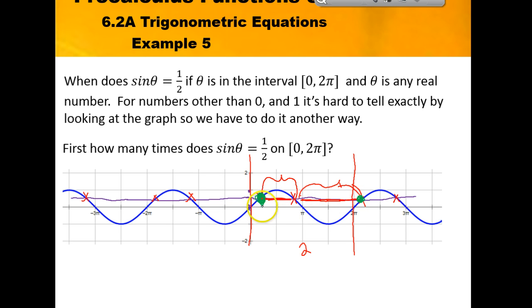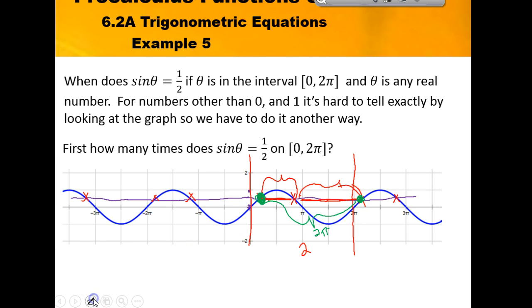Okay, so this green distance is actually going to end up being a distance of 2 pi. So it hits the first one, and then 2 pi later it hits the first one in the second pairing, right? So we're going to actually have two answers to this. We're going to have some number, whatever this is, plus 2 pi n, and then we're going to have this solution.